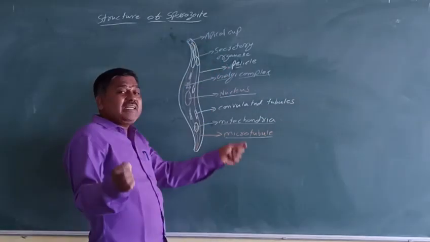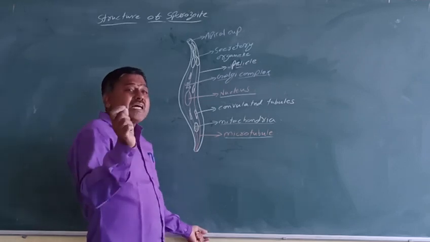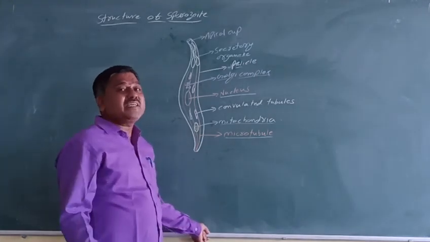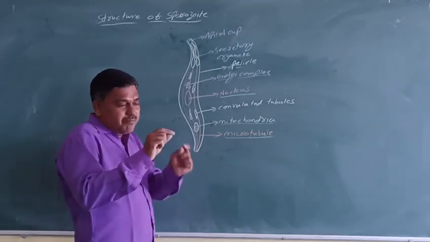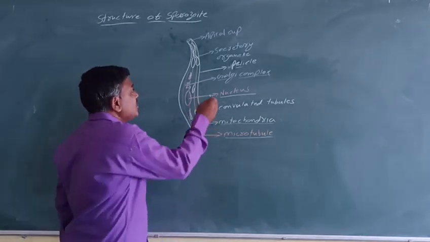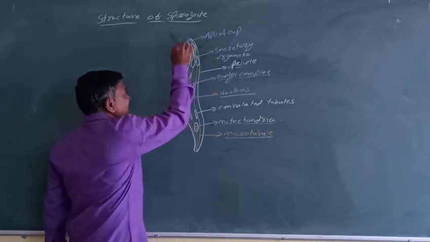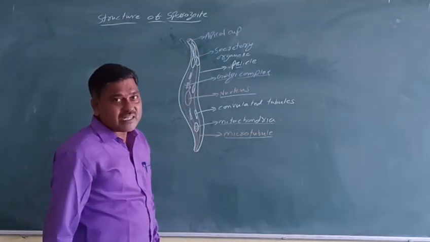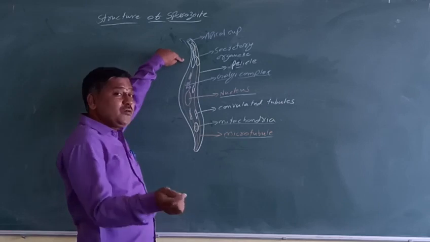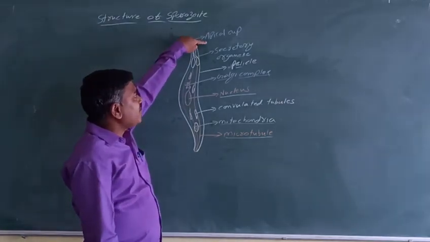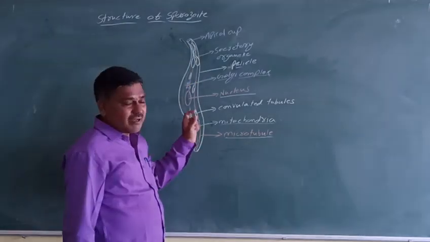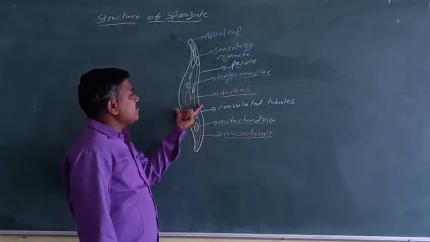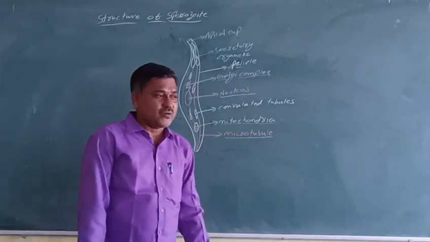The secretory organelle secretes cytolysing enzyme, the enzyme responsible for breaking the membrane so that it can easily enter inside the liver cell. So to make entry into the liver cell, there are the apical cup and the secretory organelle. This is the simple structure of the sporozoite.